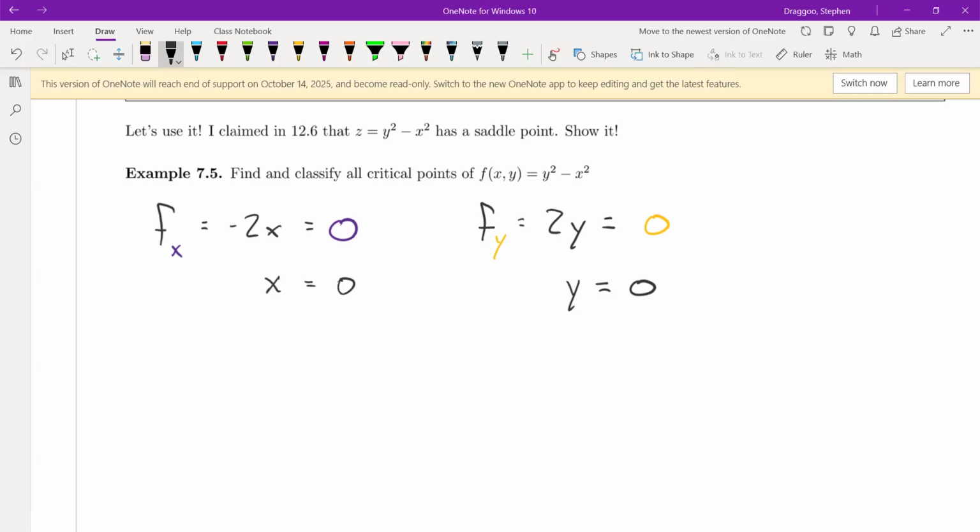This particular example is quite easy because each of my 2 equations has only a single solution, x equals 0 and y equals 0. But we'll see in some later problems, we'll have 2 vastly different equations that create a system that must be solved together. But at least for our very first example, we'll keep it tight. We get only a single critical point. It's at 0, 0.